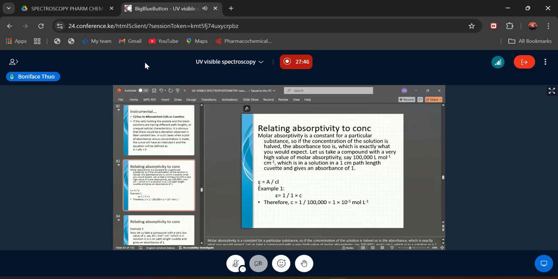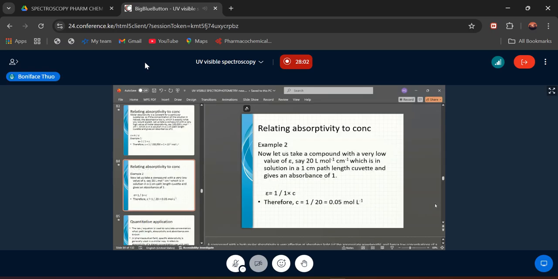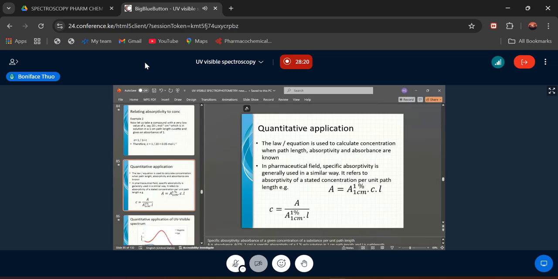So we are saying that if we know the absorptivity of the substance, or it can be calculated by measuring the absorbance if we know the concentration and the path length. Okay, so in this case, we have different molecules, showing that you need different concentrations to achieve the same absorbance.